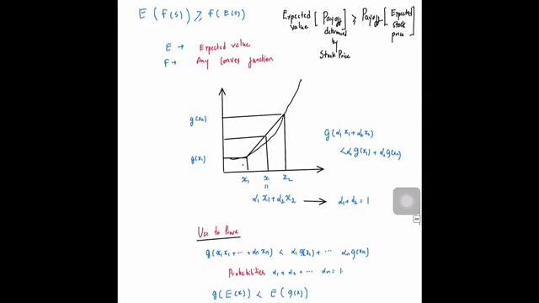Now by induction, you could prove the following: g of alpha 1 x1 plus through alpha n xn, where alpha 1 plus alpha 2 plus and so on equals 1, is smaller than or equal to the sum of the g(x)'s multiplied with the alphas, because the alphas are like probabilities.